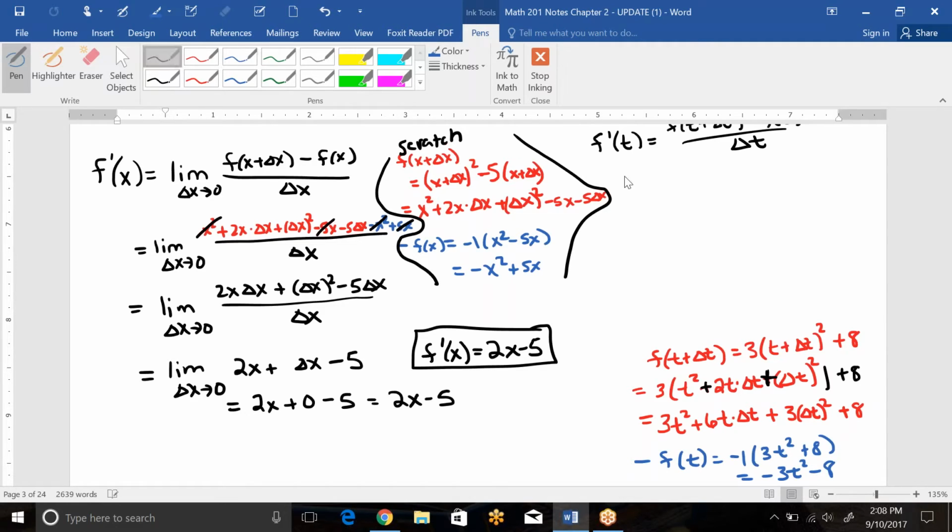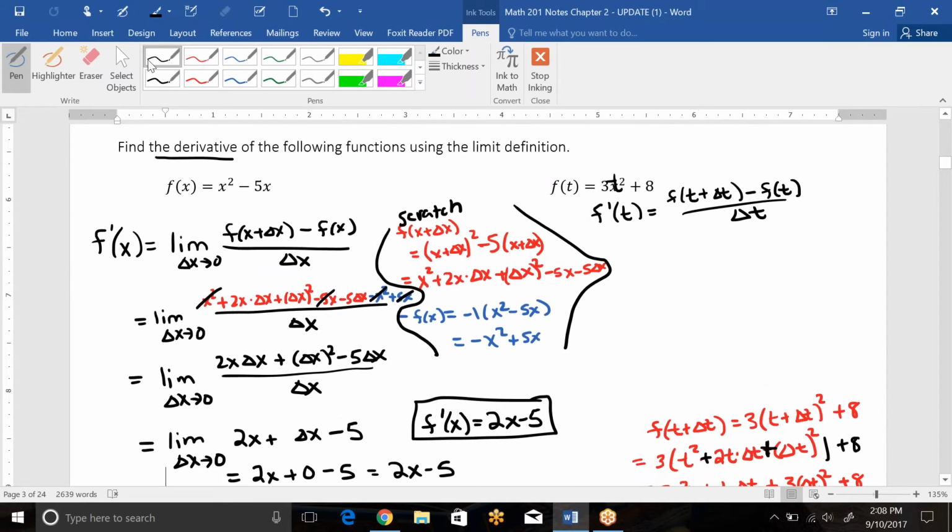So we go back up here and we plug that into our limit, which I did not write there, so let's write that in. So f prime of t is the limit as delta t approaches 0.